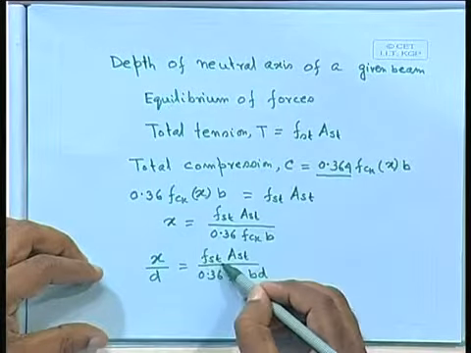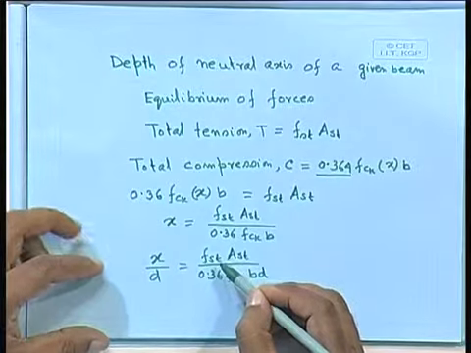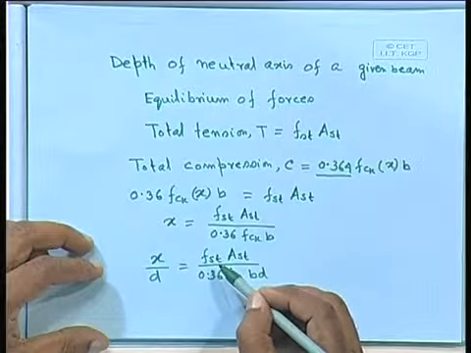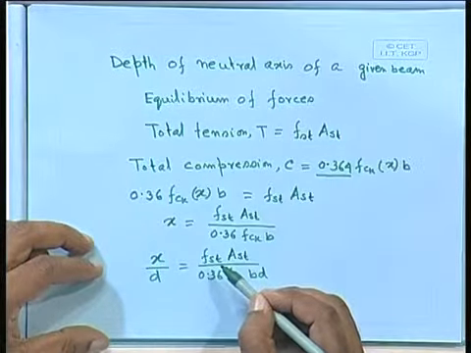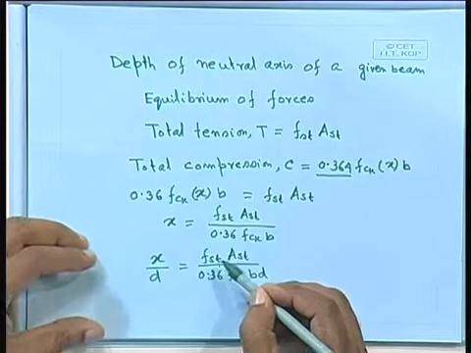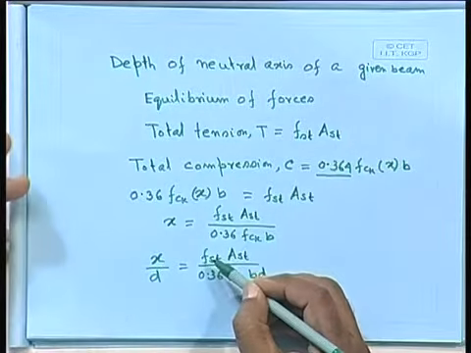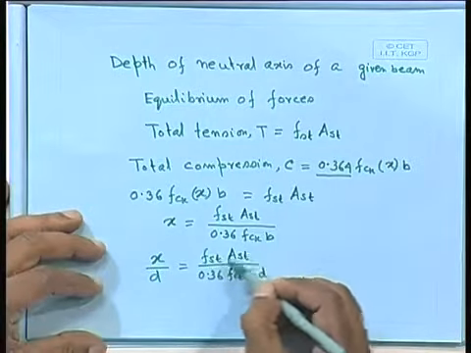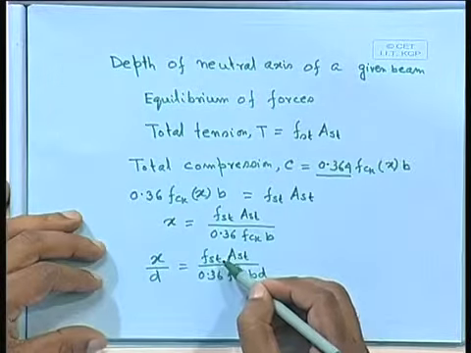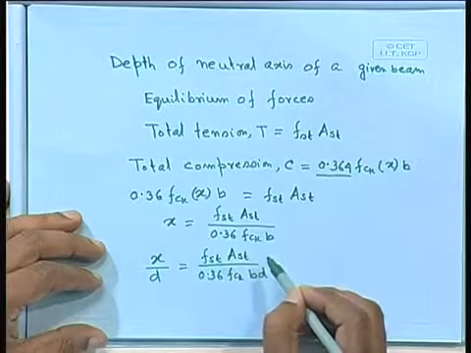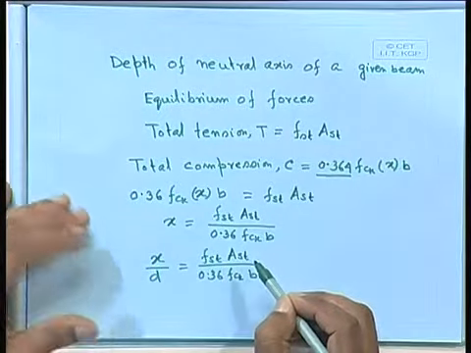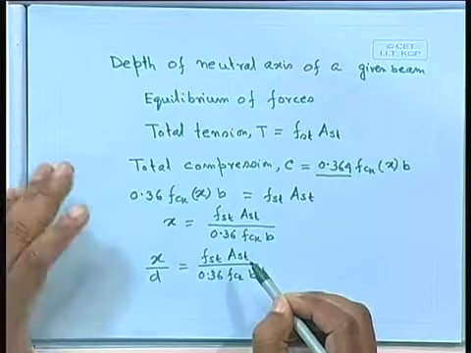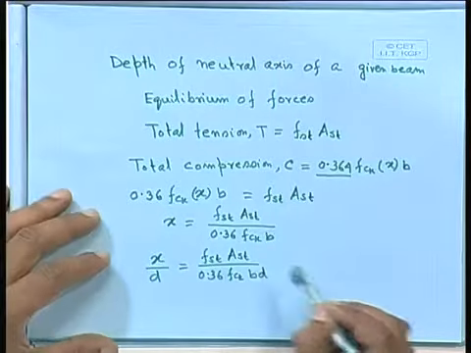Now, if the section is under reinforced, that means we shall reach the yield stress in steel first. In that case, fst will be equal to 0.87 fy. That is the permissible stress according to IS 456.